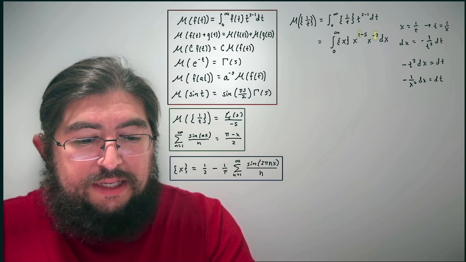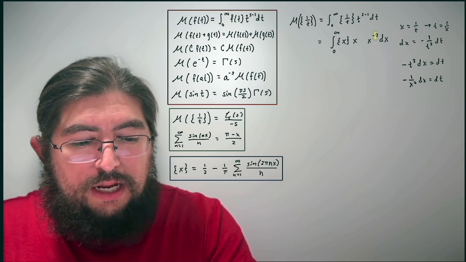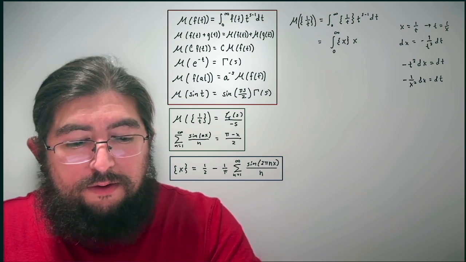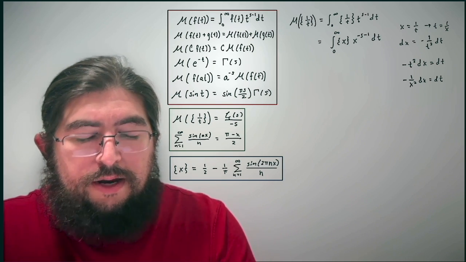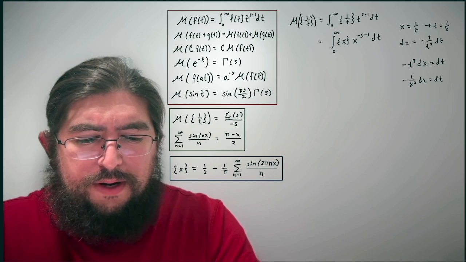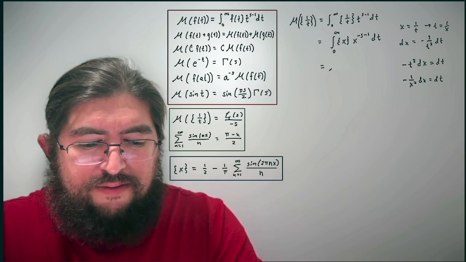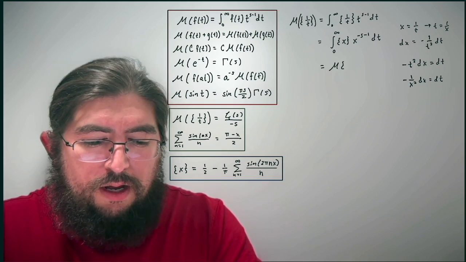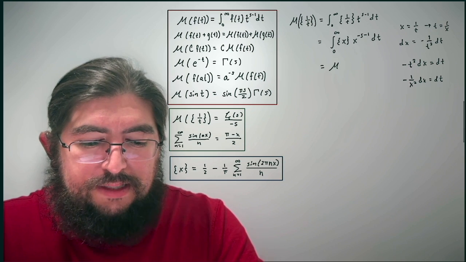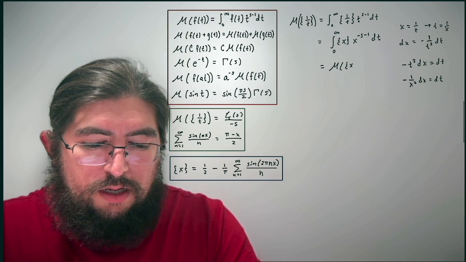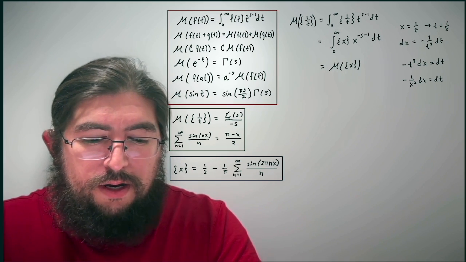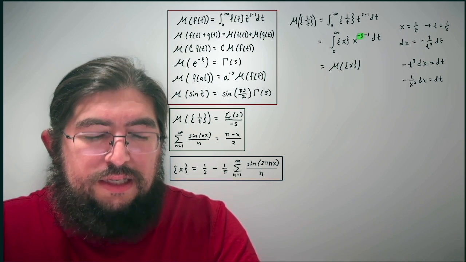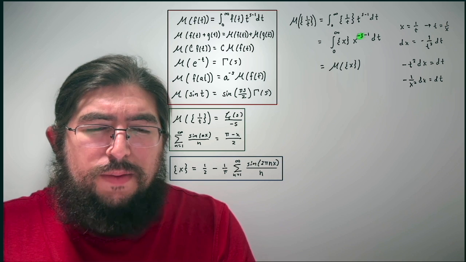So one way we can write this is x to the negative s minus 1. This sounds weird, but you can think of this as the Mellin transform of the fractional part of x. Instead of t, I'm using x here. But notice we want this to be t to the s minus 1, not t to the negative s minus 1.